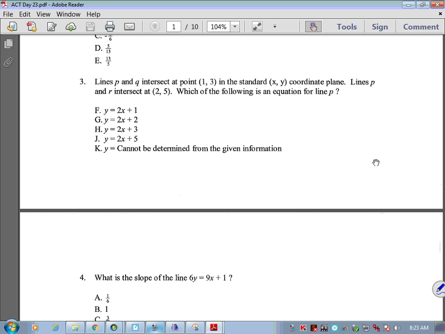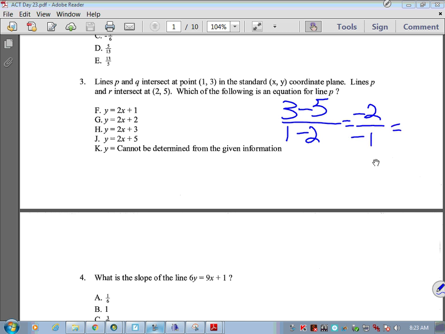I found slope from between those 2 points, between 1, 3 and 2, 5. So we're going to take 3 minus 5, so your y2 minus y1 over x2 minus x1. It should be 1 minus 2. Okay, so you should get negative 2 over negative 1, which is just going to give you a slope of 2.